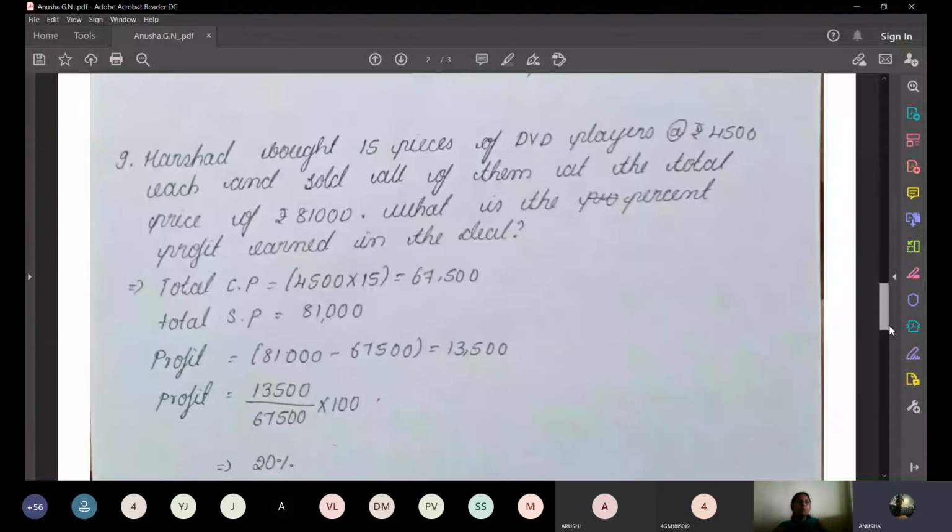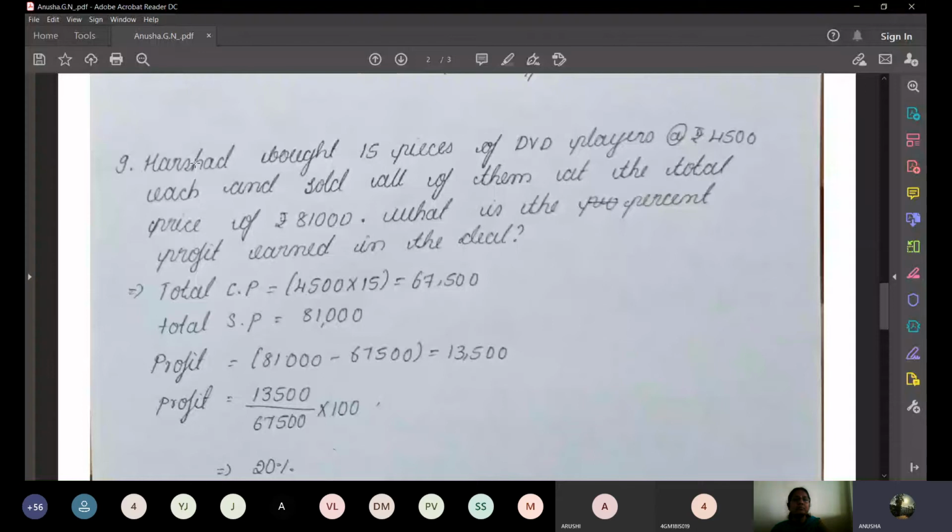Arshad bought 15 pieces of DVD players at rupees 4,500 each and sold all of them at the total price of rupees 81,000. What is the percent profit earned in the deal?